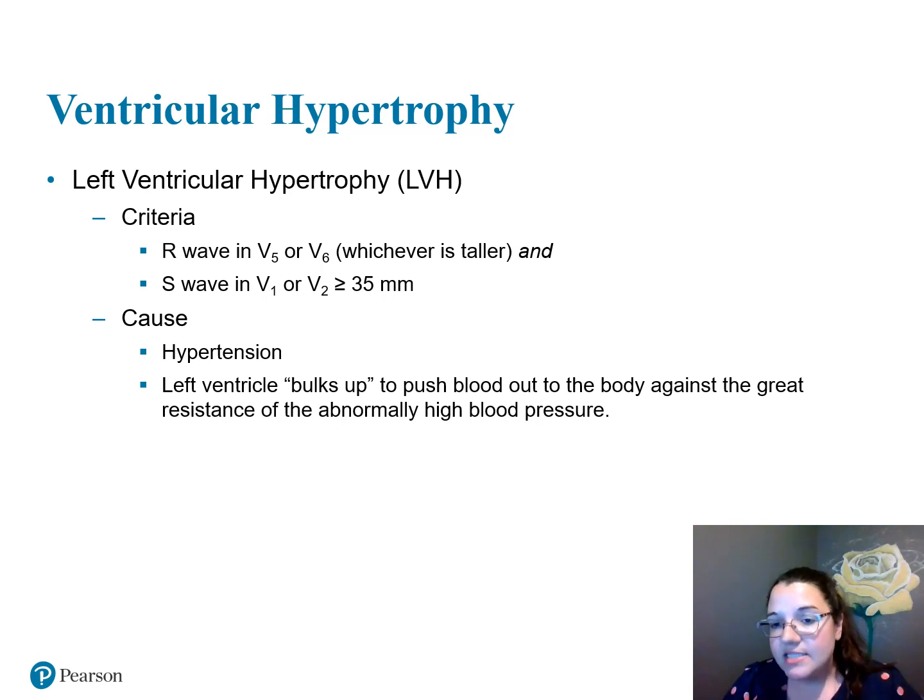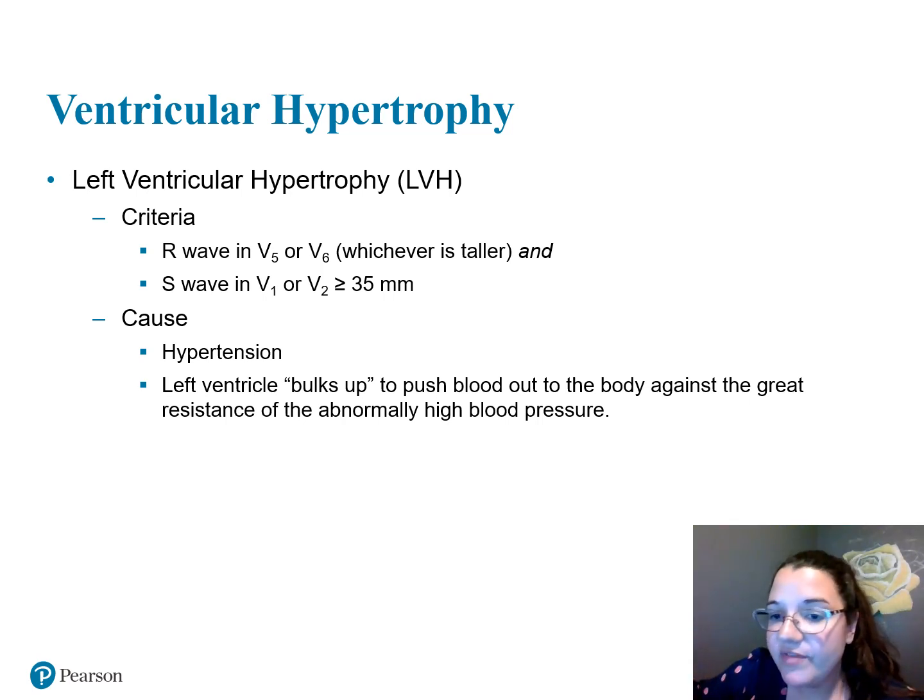What can cause us to have an LVH? Hypertension. Your left ventricle, just like your right ventricle, is going to bulk up to push the blood out to the body against the great resistance of the abnormally high blood pressure.